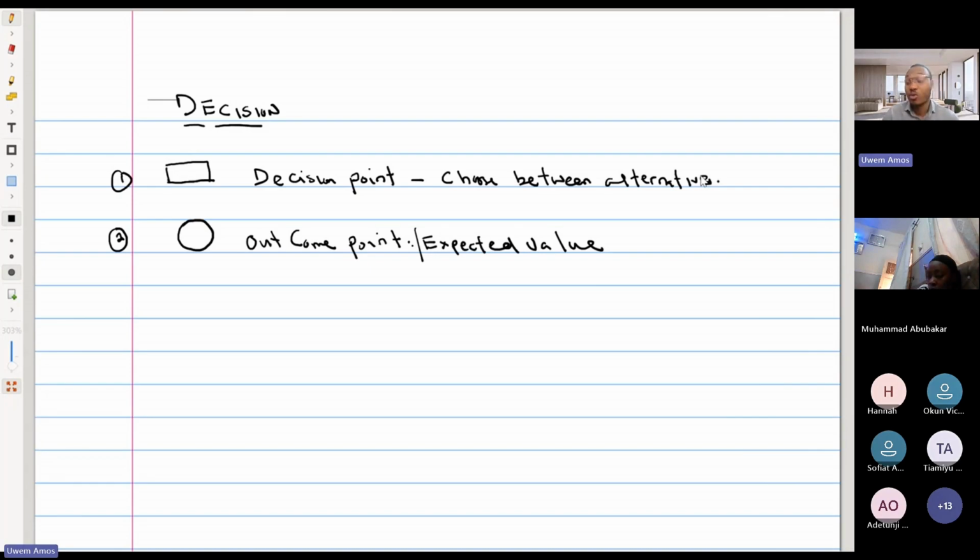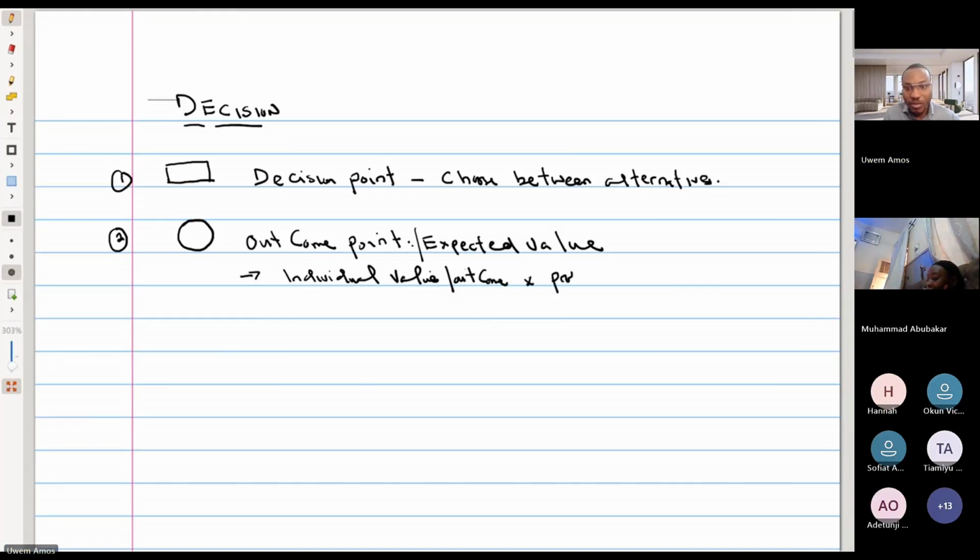We've talked about the concept of expected value before. The expected value would basically be the individual outcome values, each multiplied by its probability, and then whatever the values are, we sum it up.